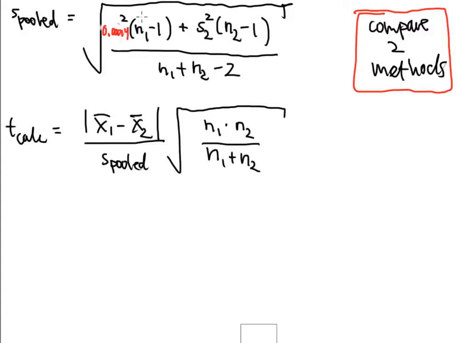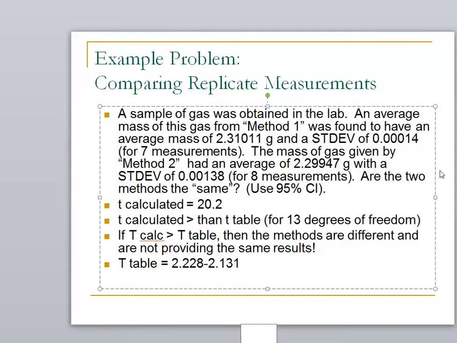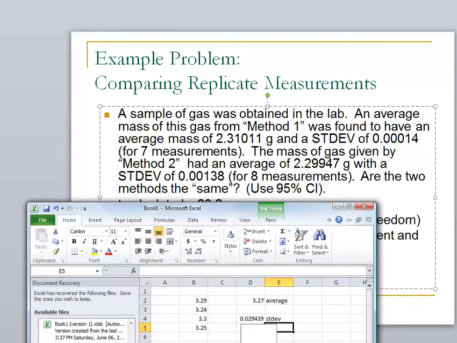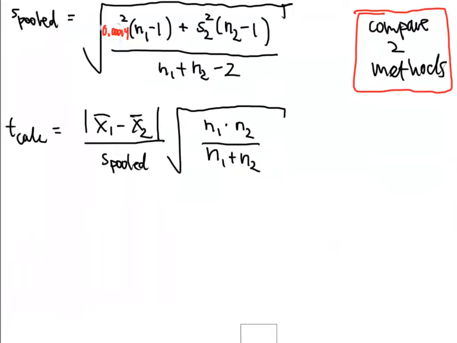And that number has to be squared. So N1 is the number of measurements for that very first method that I'm referring to. And it says that we did that for 7 measurements. So 7 times is what we did there. All right, so a 7 is going to go in for that N1. So I'm going to delete this, and I'm going to write a 7 here.